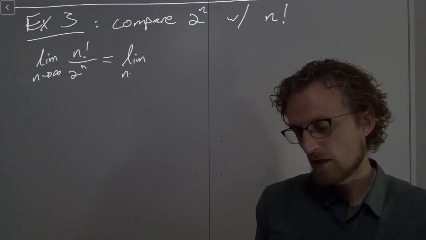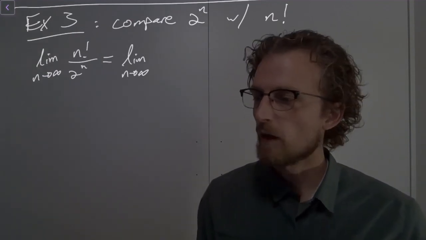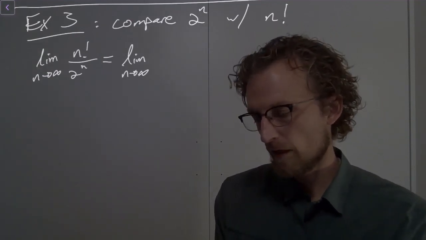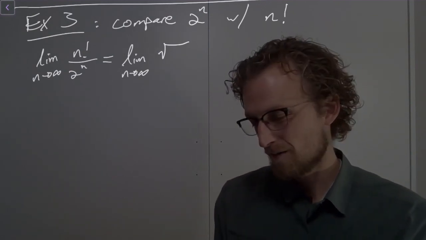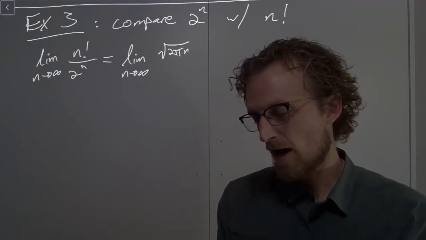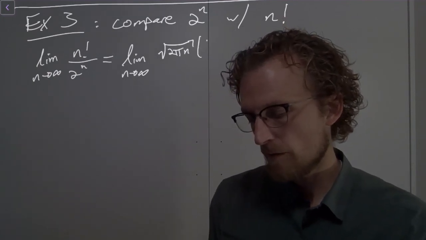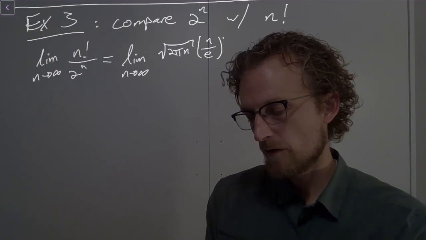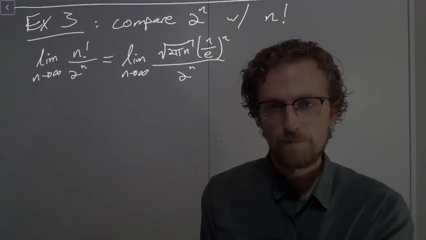So I'll say this is the limit as n approaches infinity of, now Stirling's formula plugged in here. Stirling's formula is, and I'm reading off my notes because I don't have this memorized, shocker, square root of 2 pi n times n over e to the power of n, all divided by 2 to the power of n.